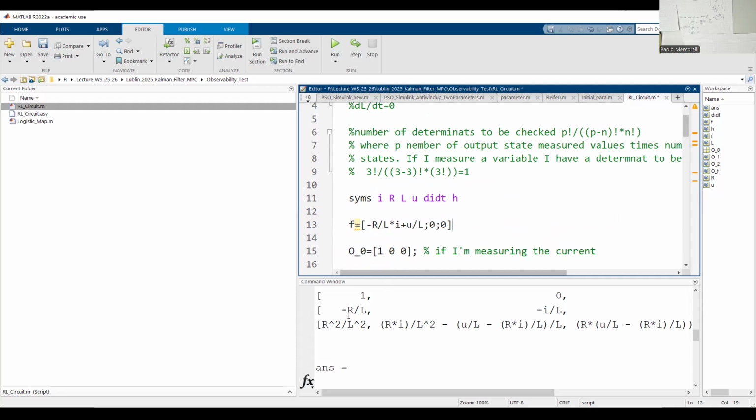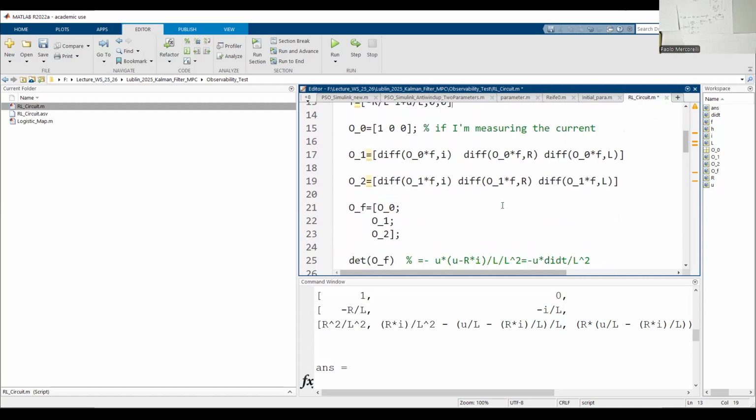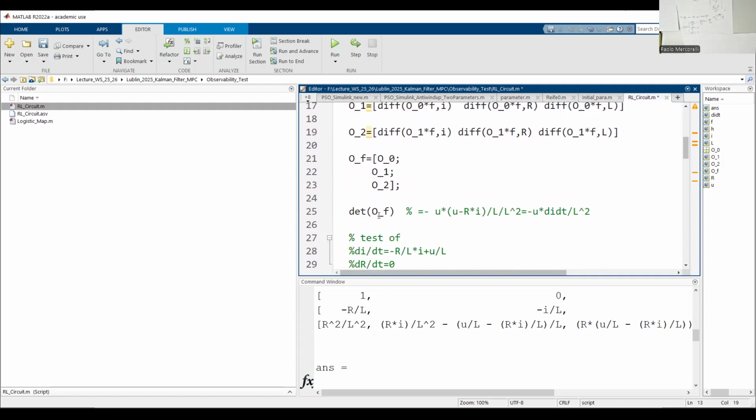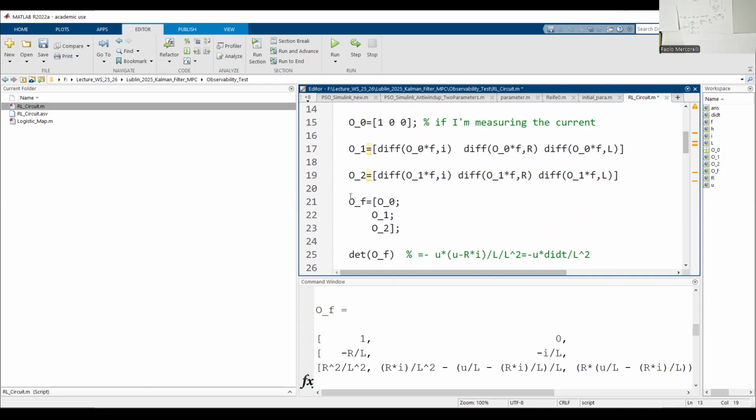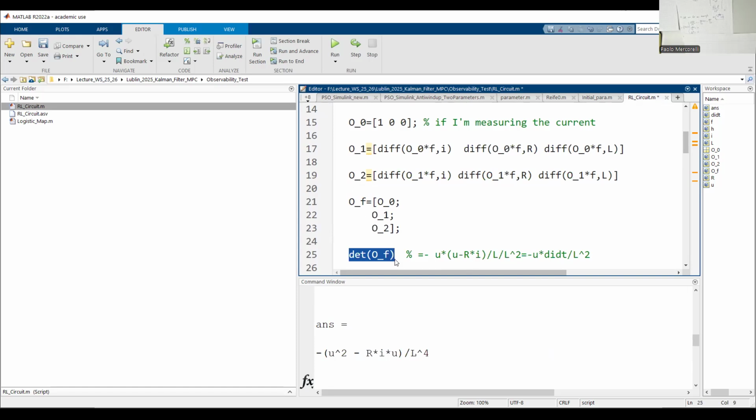ANS is the last, basically after the definition, the calculation of OF, we have this result without a name, and in this case, MATLAB says ANS. ANS is the answer of this command. The answer of this command is called O_F.